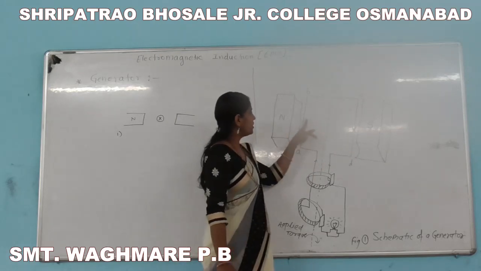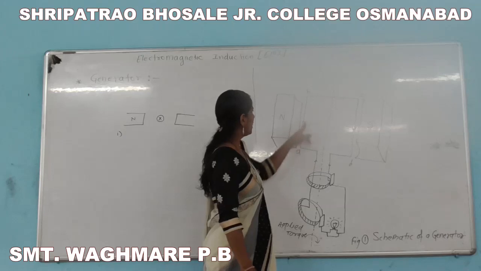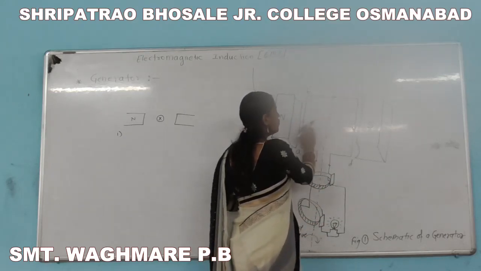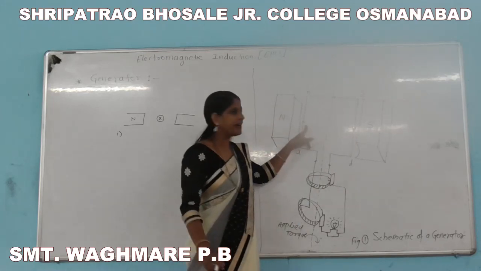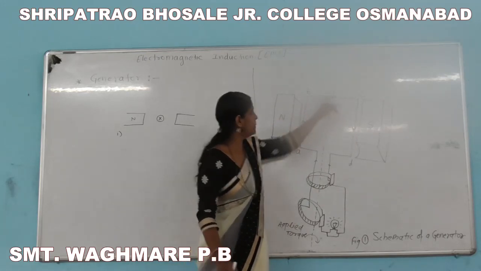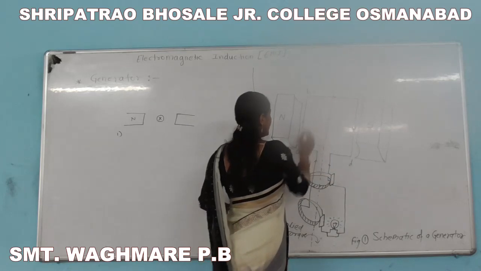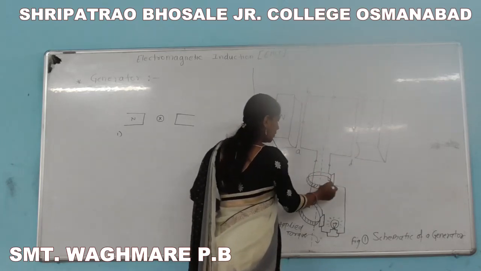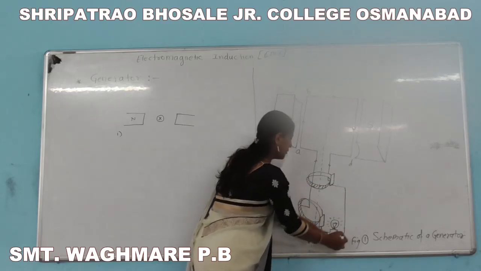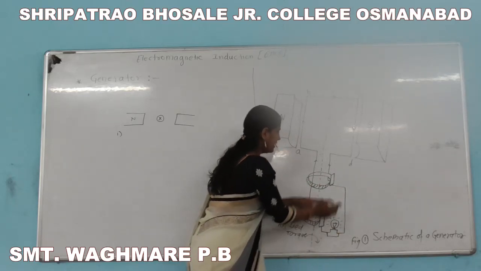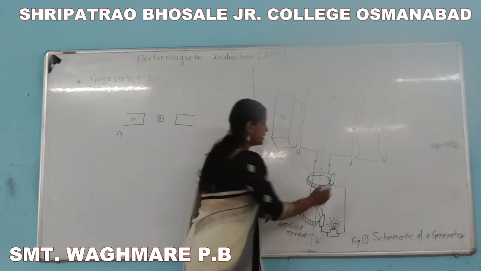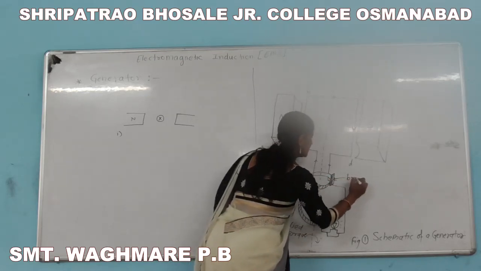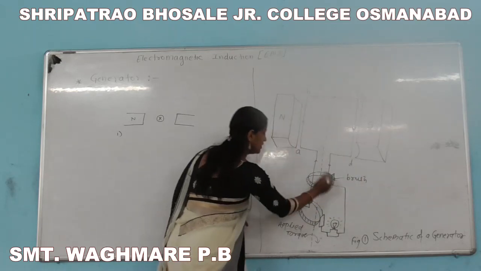And here the current will flow like this, from B to C. From these two directions of current we can find the direction of the current, and therefore the current will go from A to B, B to C, C to D and D to here, and the bulb will be on. Then these are the brushes used here. This is the brush which is attached to this coil.